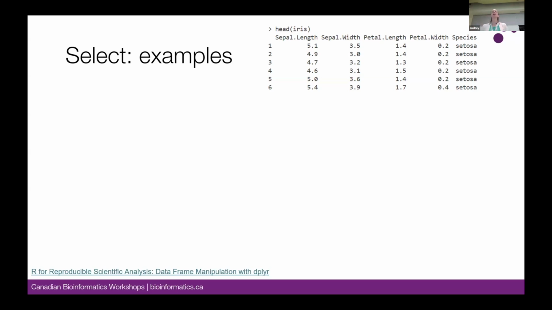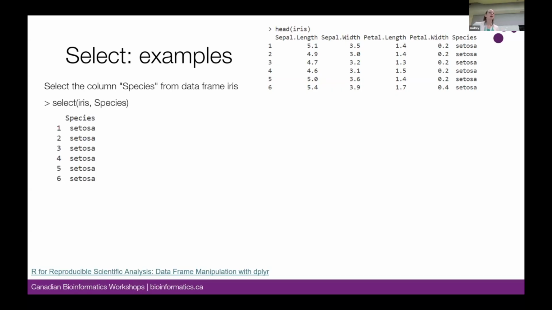There are 3 species, setosa, versicolor, and a third one. If we want to select only the species of this data frame, you can just use select, the name of your data frame, iris, and then Species, no quotes. You want to use the column name as it is, without quotes.